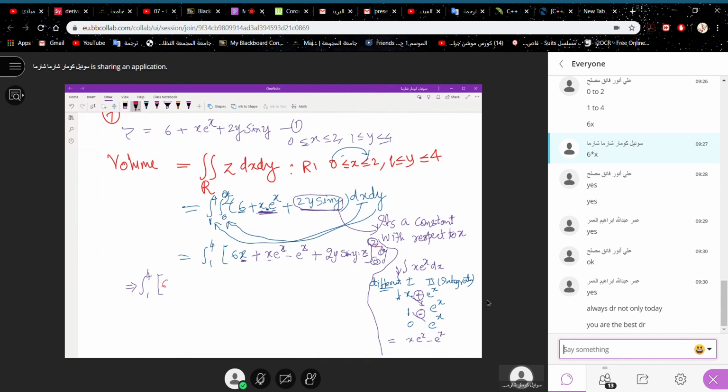So this is 6 times 2 plus 2 e to the power 2 minus e to the power 2 plus 2y sin y into 2, minus, wherever is x, for the lower limit we put 0.